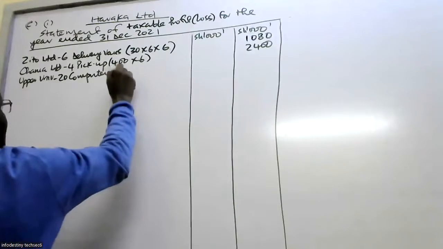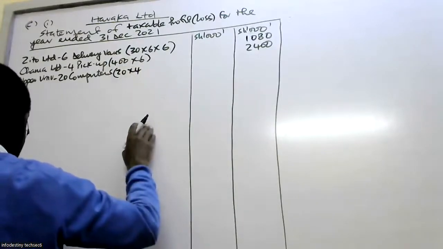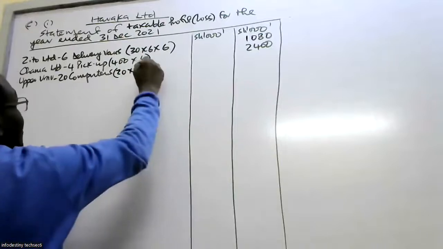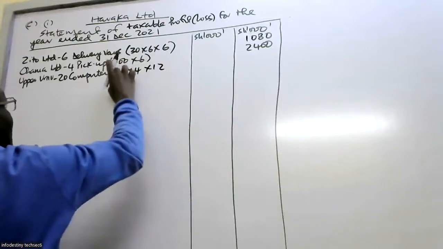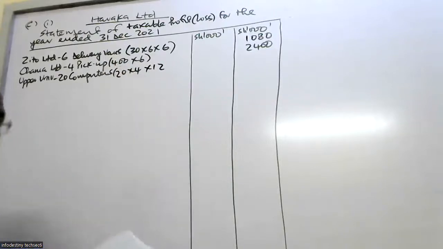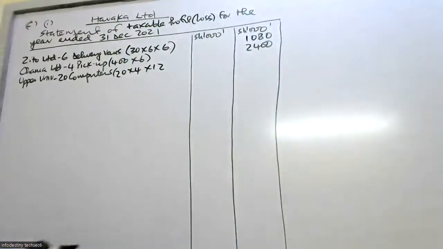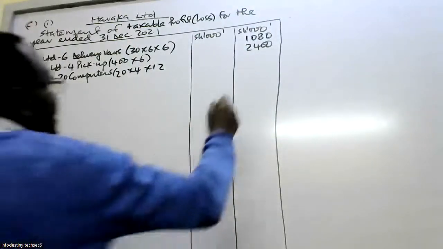So 20 computers at 4,000 each for the whole year, so times 12. So this is 960.